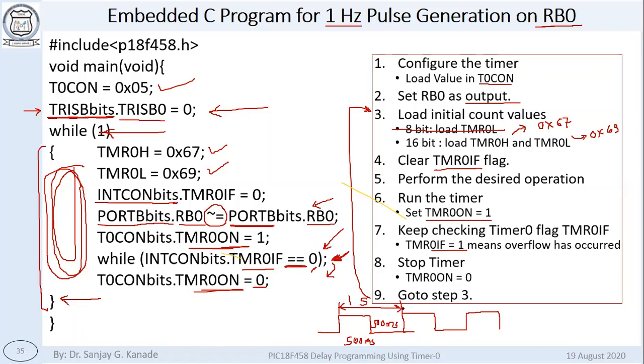And a 1 second time period means what? A 1 hertz pulse, right? Frequency is equal to 1 by T. T here is 1 second, so F is 1 hertz. So this is how we are generating a 1 hertz pulse on RB0, right?